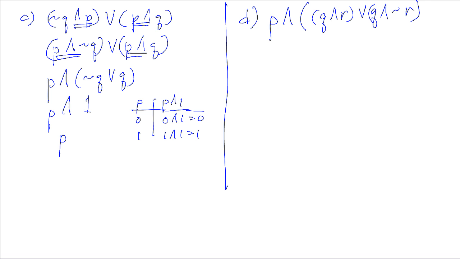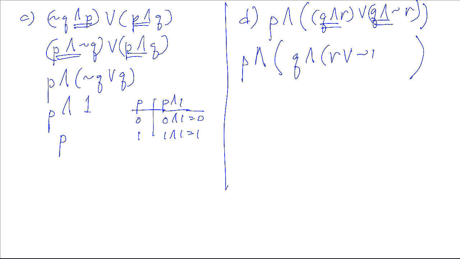I'm trying to draw another parenthesis here and I did something. Okay, well, you're going to see a familiar pattern here. We have Q and, which can be factored out. And we just have to keep track that P is ANDed with this whole big thing that I'm working with here. And so I have a Q and I have R or not R.